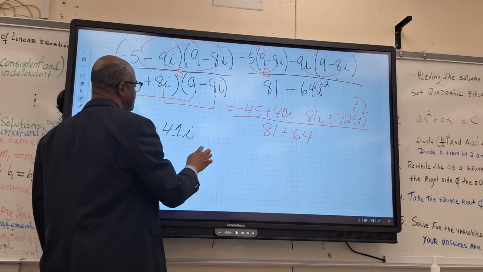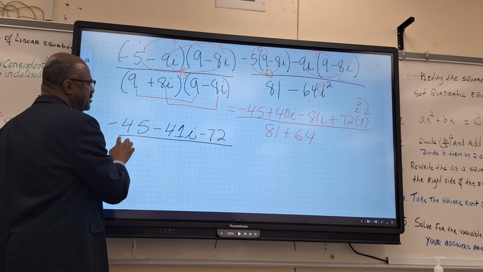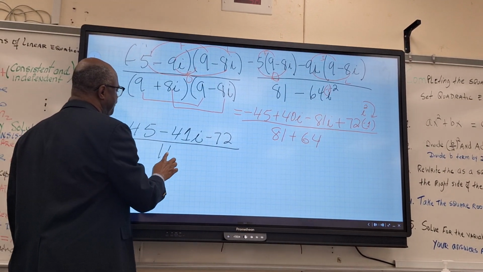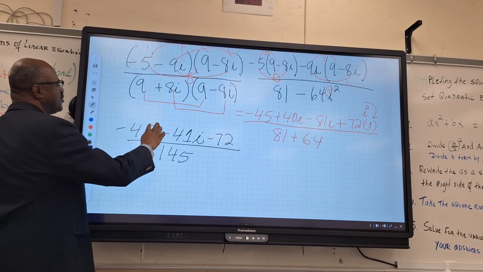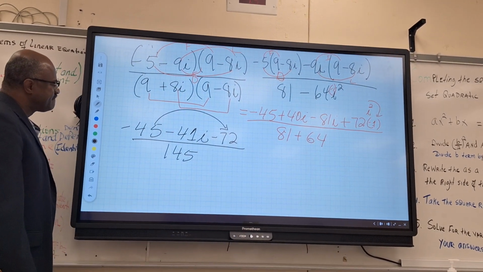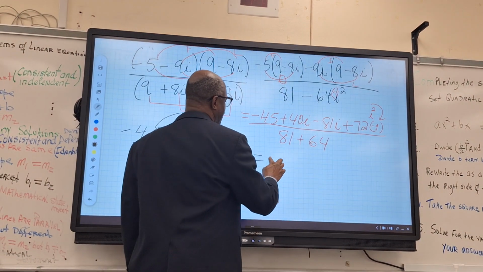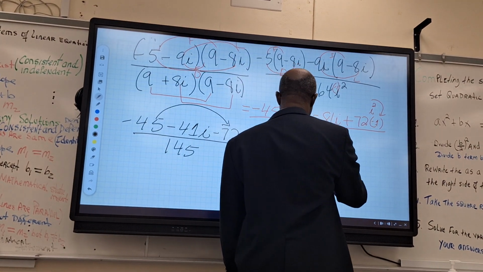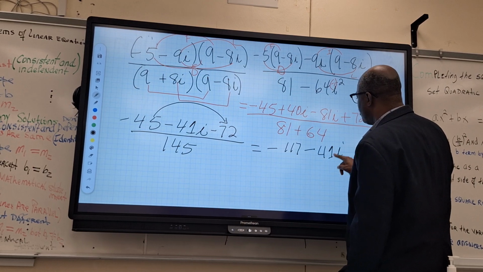That will give you negative 72 over 145. So last thing we do is simplify. Those are like terms. We simplify that. You will end up with negative 117 minus 41i over 145.